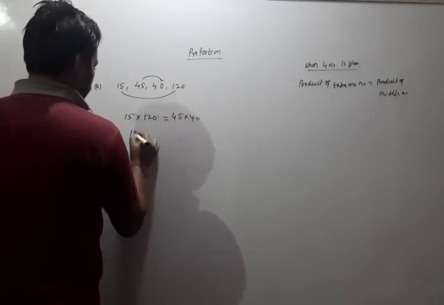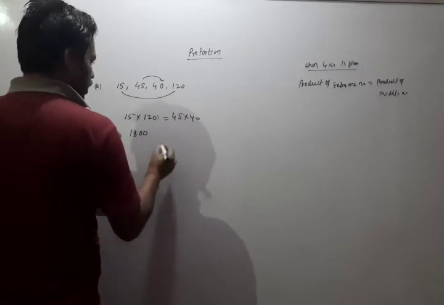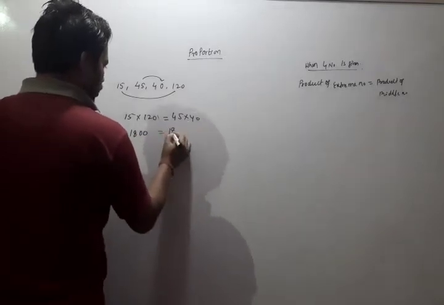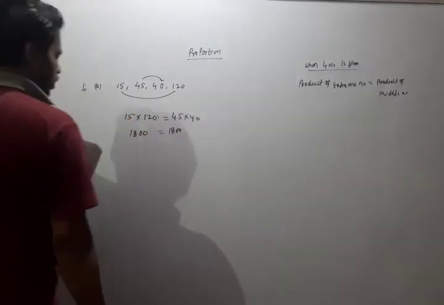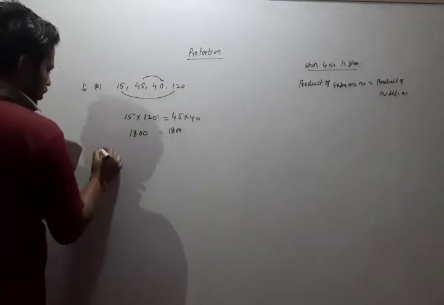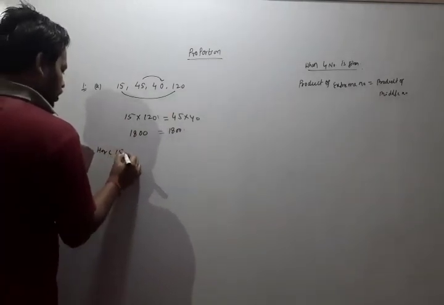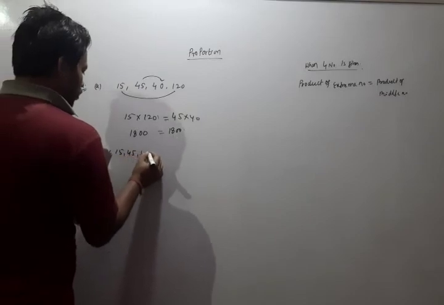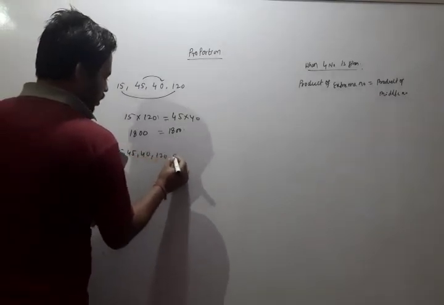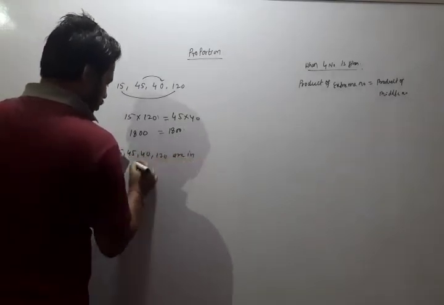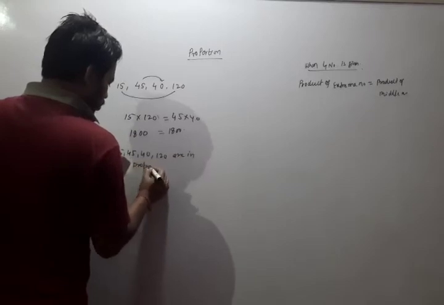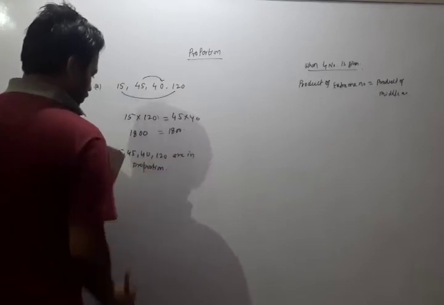So this will be 1800 and here will be 1800. So both are equal. Here 15, 45, 40 and 120 are in proportion.